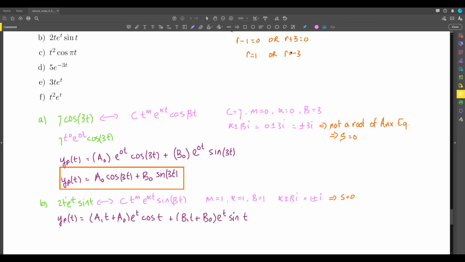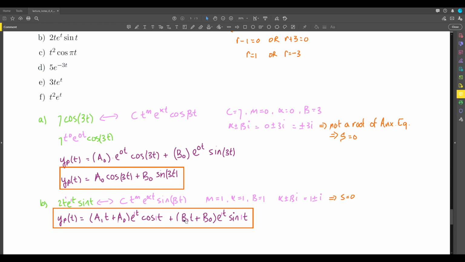And again, think of the one here, the one here, the one here, and the one here coming from here. And that is our final answer for the form of the particular solution.